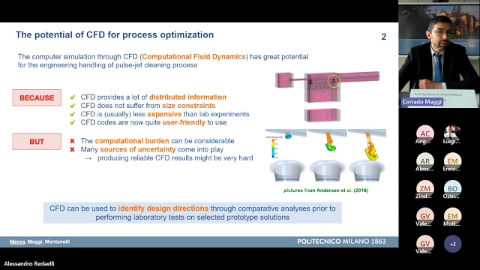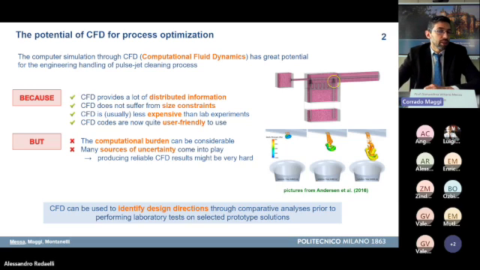At the same time, CFD is well known to have limitations. So the first limitation is due to the fact that the computational simulations are quite time consuming. Just to give you an example, the simulations carried out in this project, which referred to a simplified benchmark case, had a calculation time of about 3 to 4 days.